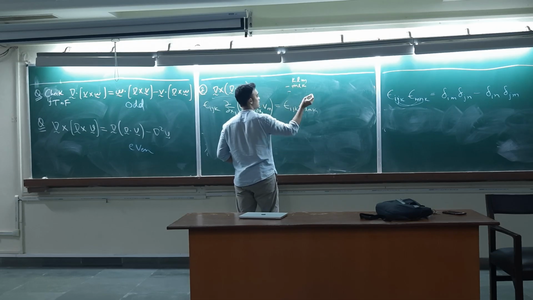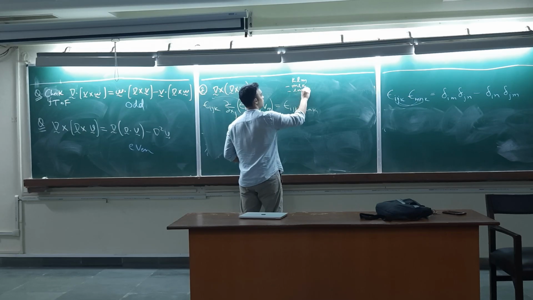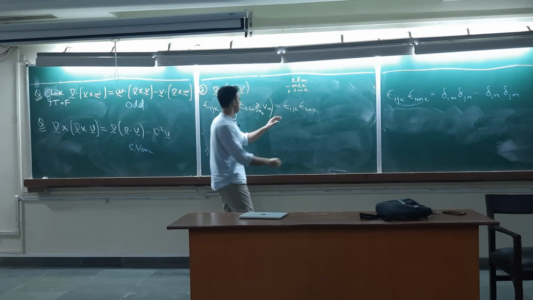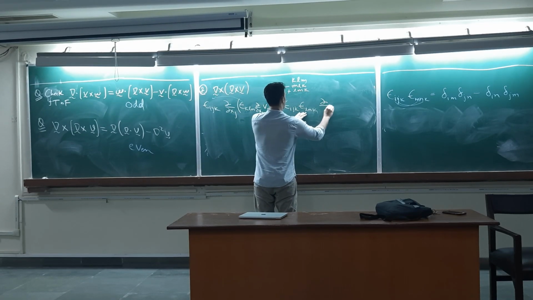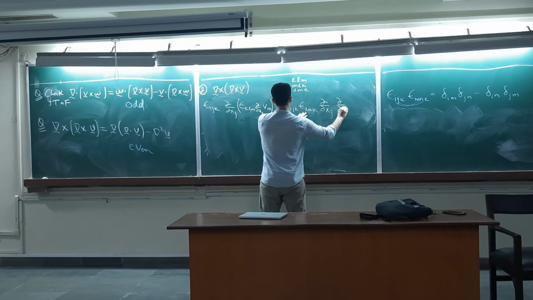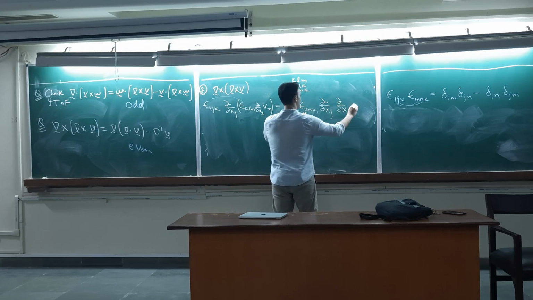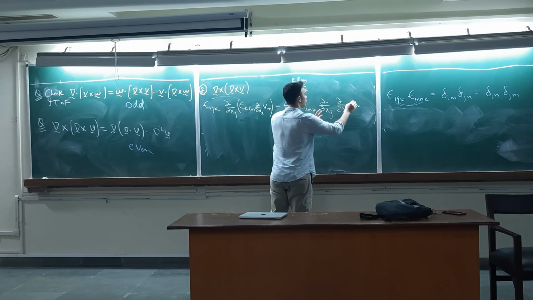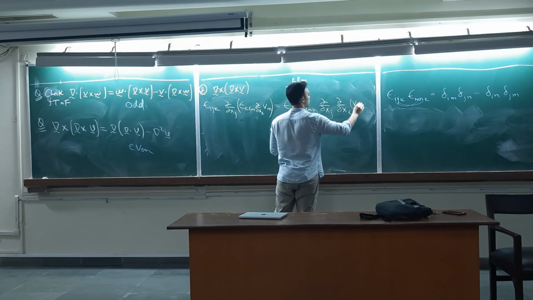Maybe another one, lm. Two changes, right? Dou by dou xj dou by dou xl operated on Vm, not into, right? Because these are derivatives.